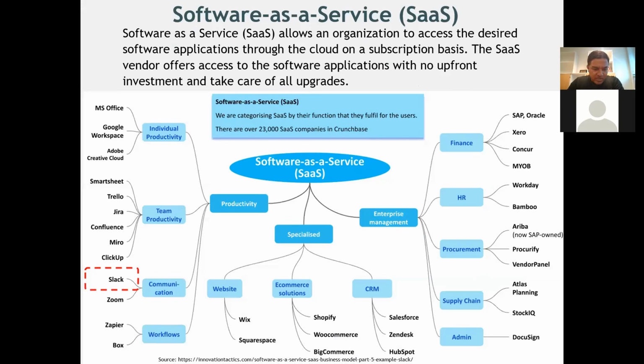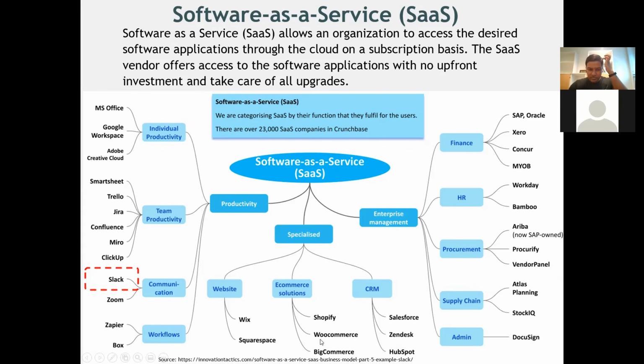So software as a service is becoming a boom. If you can see a couple of them, like communication software as a service such as Slack and Zoom, then website makers like Wix, where you can host a WordPress site, Squarespace, and e-commerce platforms. WooCommerce is there.